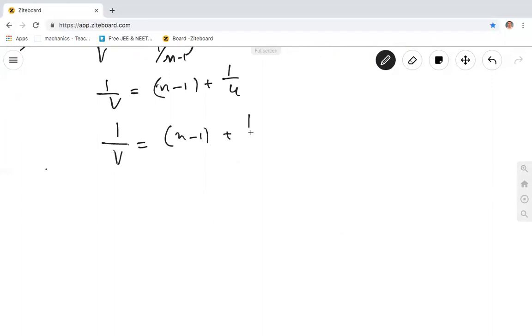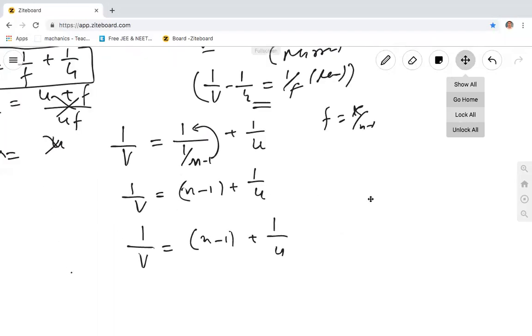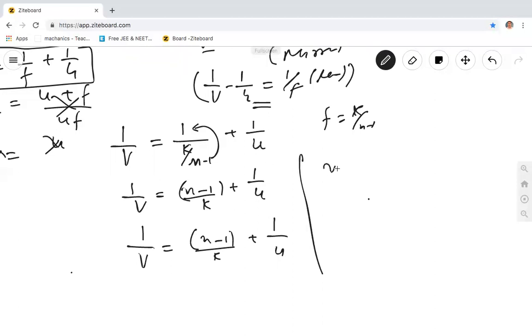What is v? v is the position of the final image. Right, that's right. Should I write n minus 1 by k is equal to 1 by v minus 1 by u?